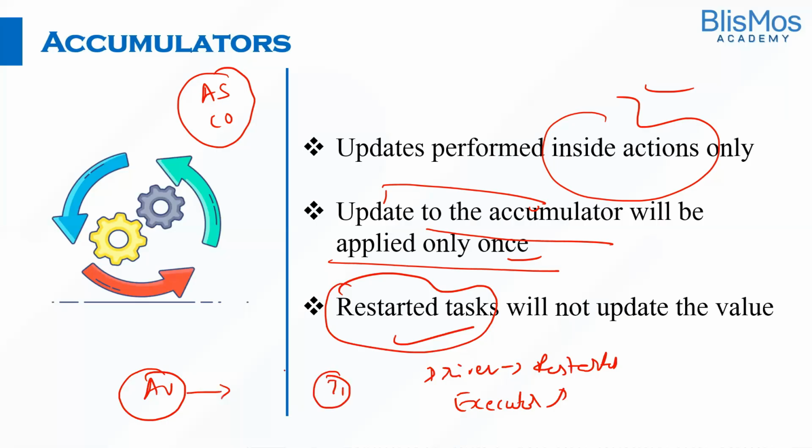That means one transformation has happened as a part of the executor. If it has already sent the results to the accumulator variable, after restarting it should not send the values again. If it does send them, there should be a way to determine that this is not the value to be applied. That will change the overall result, right? That is the importance of the accumulators.